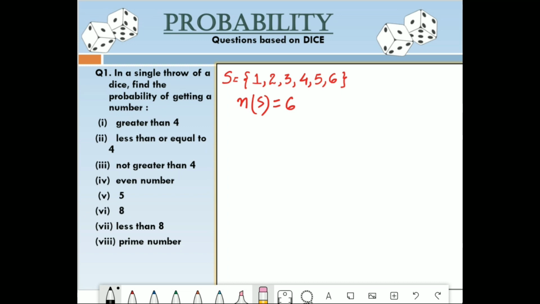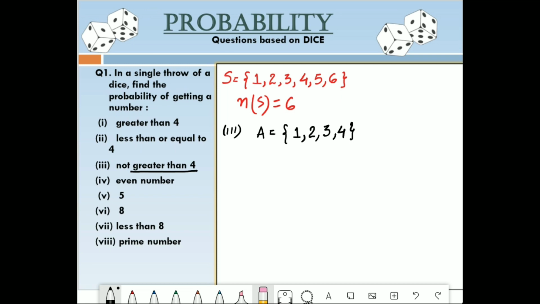Now we will solve our third part. Third part, not greater than 4. Okay, it should not be greater than 4, but it can be equal to 4 or it can be less than 4. So our favorable cases are 1, 2, 3 and 4, because in the question it is given that the number should not be greater than 4.